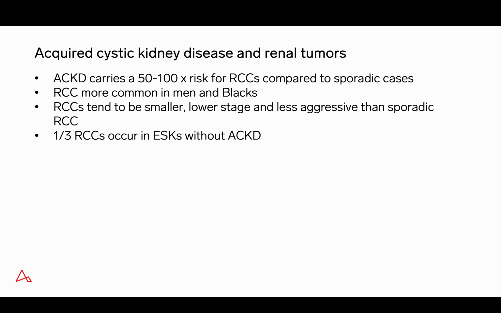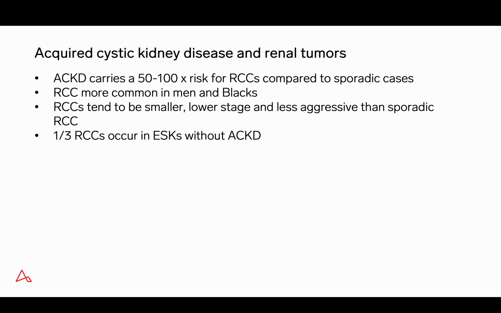The main clinical importance of acquired cystic kidney disease is its relationship to renal neoplasia. Patients with acquired cystic disease are estimated to have a 50 to 100 times greater risk for renal cell carcinoma compared to the sporadic cases occurring in the population. Renal carcinoma is more common in men and more common in blacks.